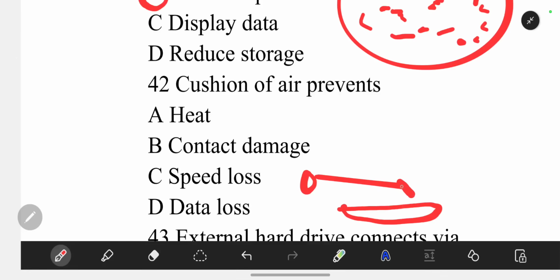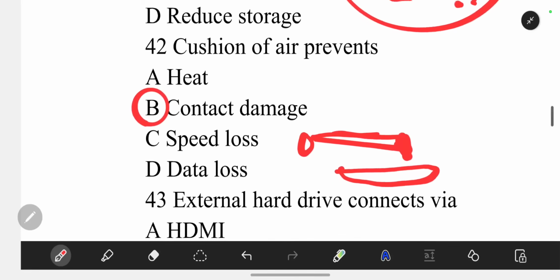If this is a disk, the head does not necessarily have to touch the platter. This cushion of air prevents contact damage. Remember, these are magnetic, so it can easily read without contact, as the head is reading and writing certain information.